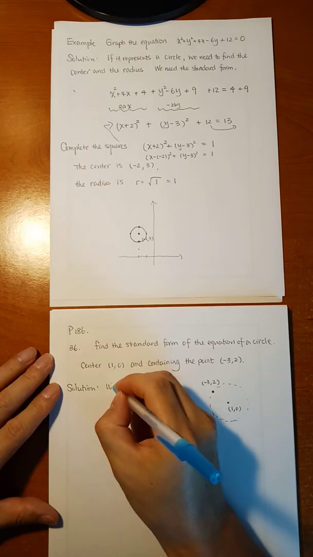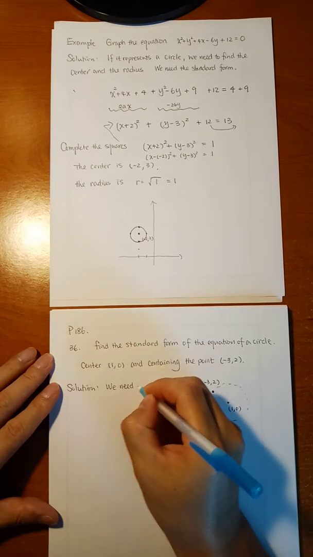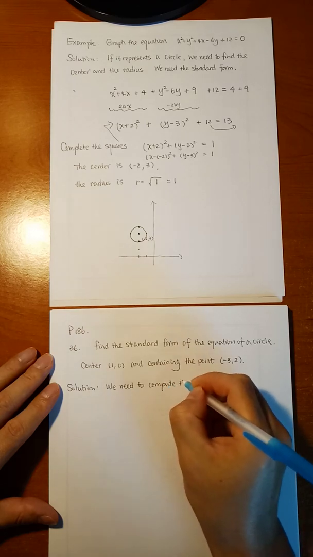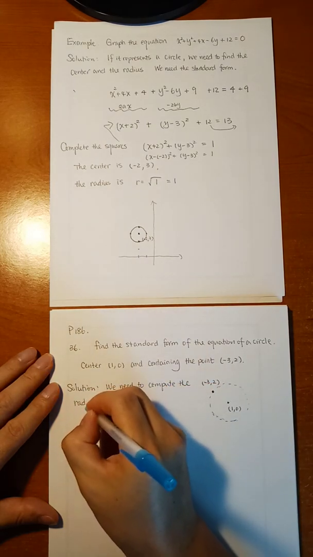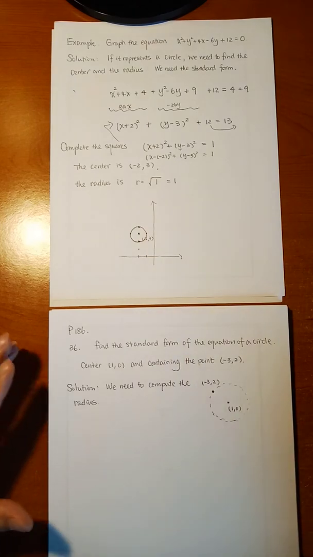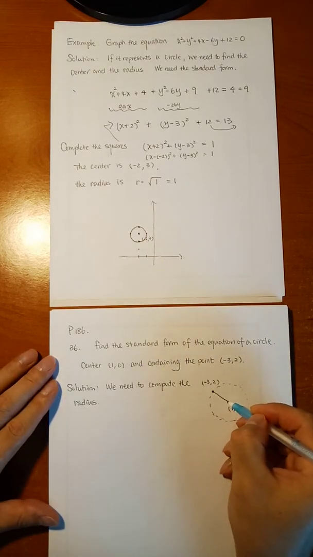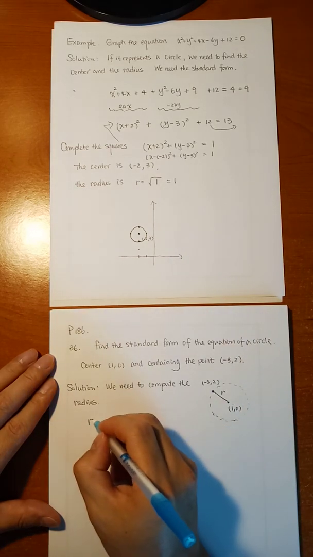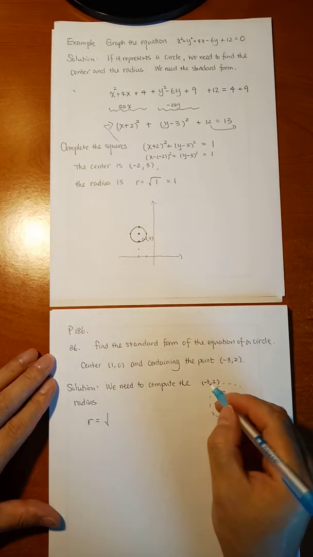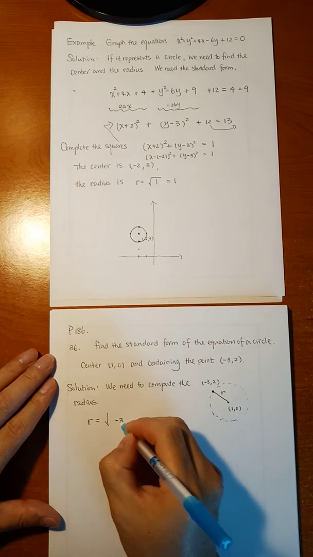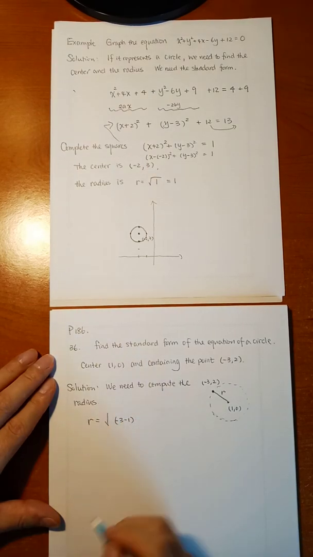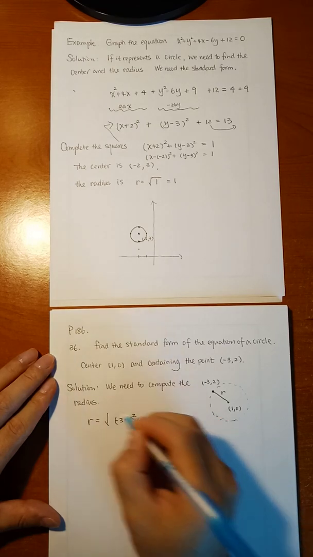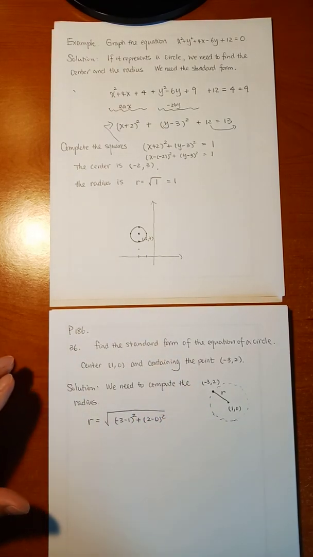So we need to compute the radius. What is the radius? This is the radius, the distance. The distance between the point and the center is the radius. So the radius is the square root of (x coordinate minus x coordinate) squared plus (y coordinate minus y coordinate) squared, and square root. This is the radius.